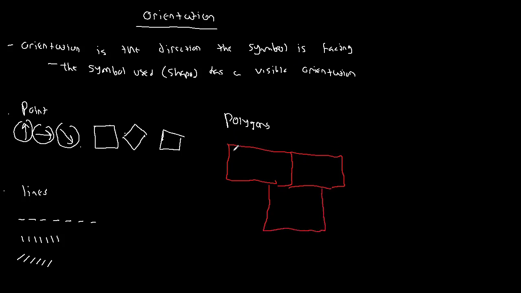So what we could do for this is maybe we have one where the lines are vertical, or horizontal, I should say. Maybe we have one where the lines are diagonal, and then we have one where the lines are vertical, something like that. All right.